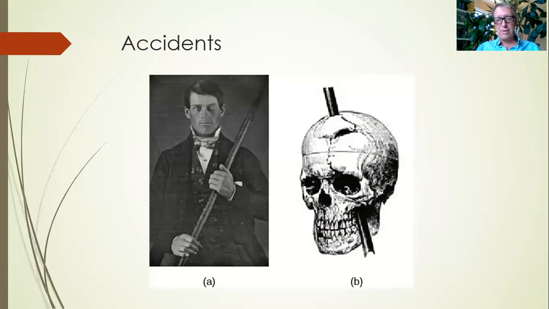The very first one I want to mention, though, is accidents. This is a famous person who's described in your book, from the 1800s. His name was Phineas Gage. They don't have names like that anymore. He was working to blow up rocks so they could put railroad tracks down.